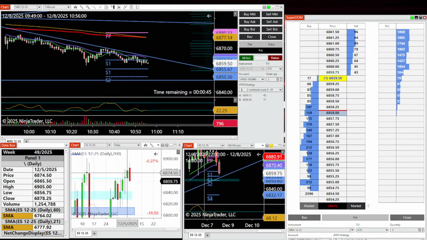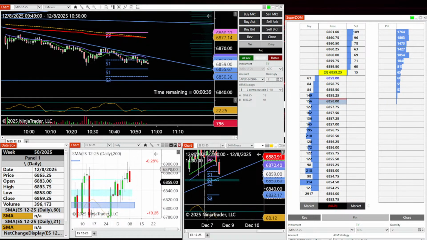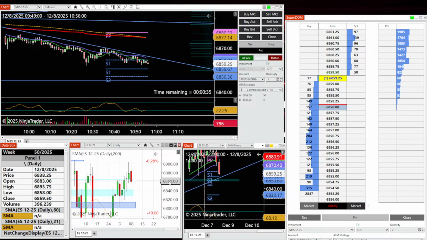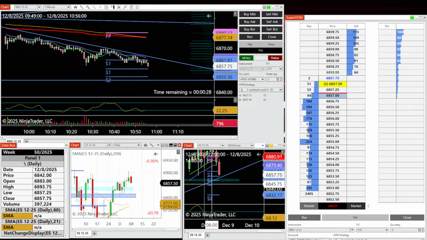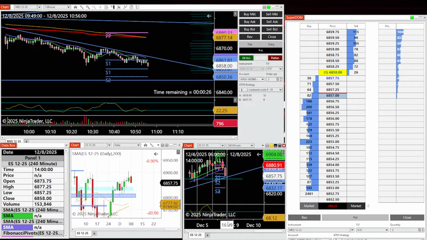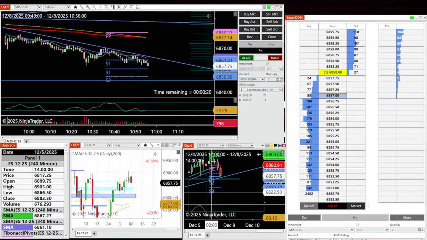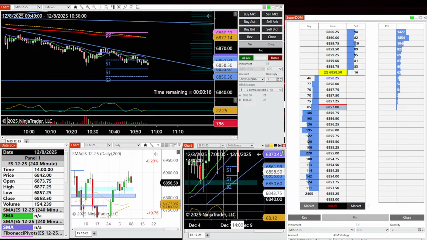Test the low is 56.75. And the daily can't fall. Looking at this 56.75 here.